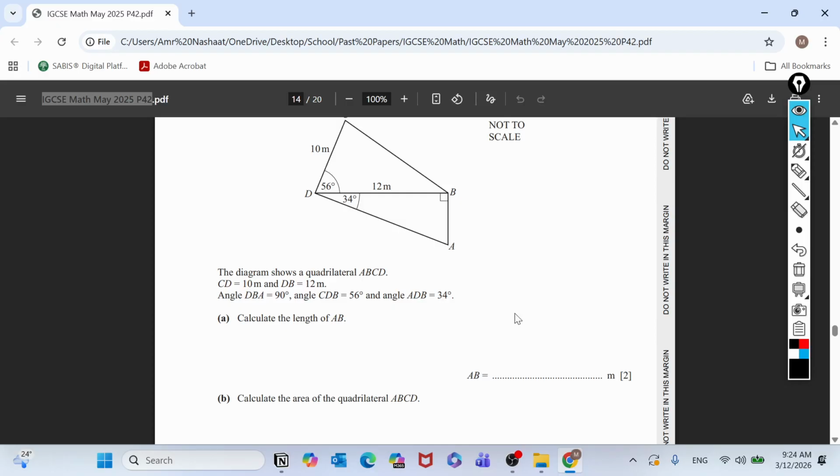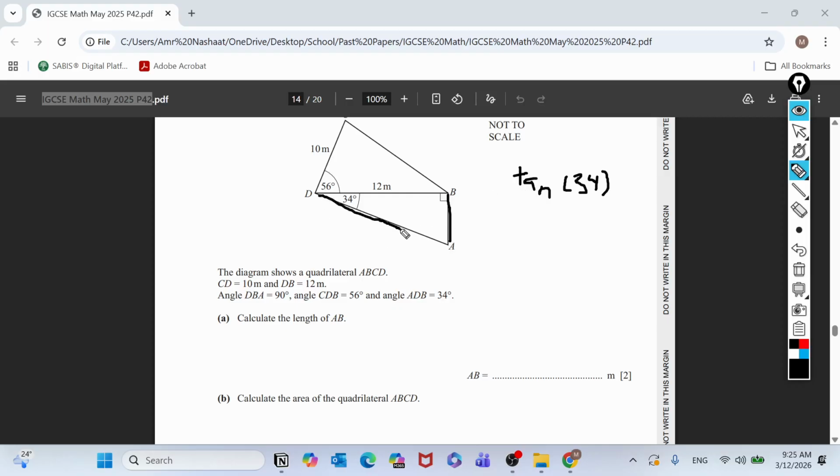Okay. Find the length AB. How can we find it? So this is gonna be another good old SOH CAH TOA. Tan 34 is gonna be equal to what? Opposite over adjacent.